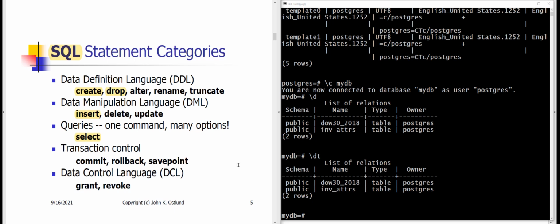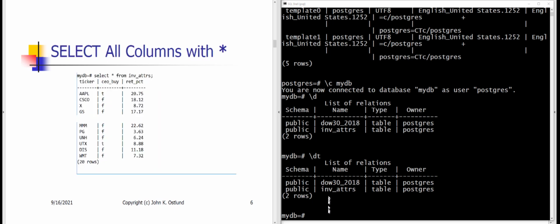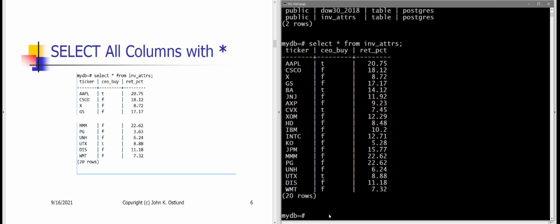All right, so we're going to concentrate mostly on select right now. For example, we did things like selecting all of the fields, all of the attributes, all of the columns from a certain relation or table. Select star from INV adders.